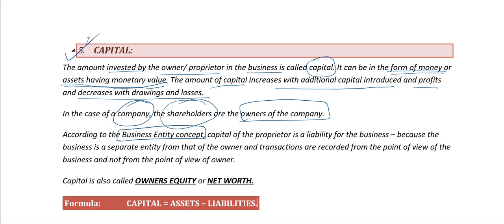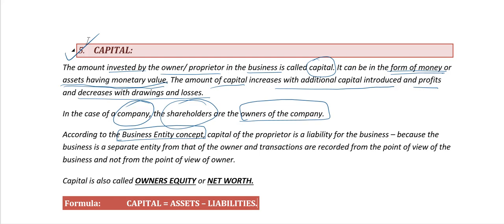As per this concept, the amount which is invested by the proprietor in the business is considered as a loan given by the proprietor to the business. The business is a separate business entity, and when Mr. Gupta invests 5 lakh in the business entity, which is a stationery shop, the business owes Mr. Gupta rupees 5 lakh.